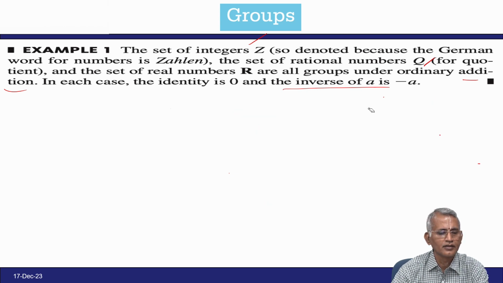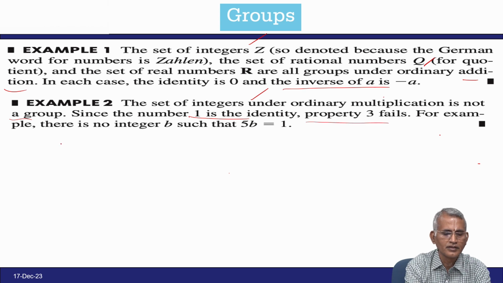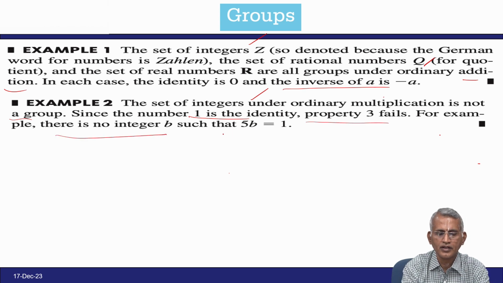Next, some more examples. The set of integers under ordinary multiplication is not a group, because 1 is the identity and property 3 fails. For example, there is no integer b such that 5b equal to 1.